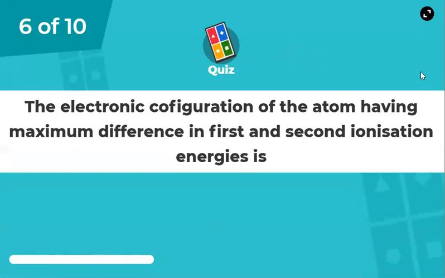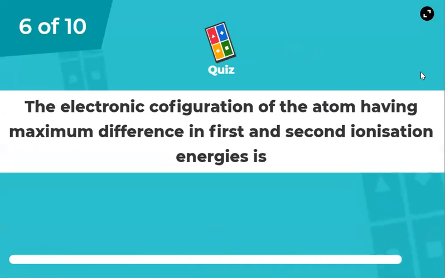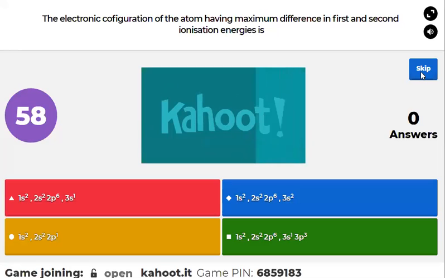the electronic configuration of an atom having maximum difference in first and second ionization energy is. Maximum difference between first and second. Think about it. It's very easy.